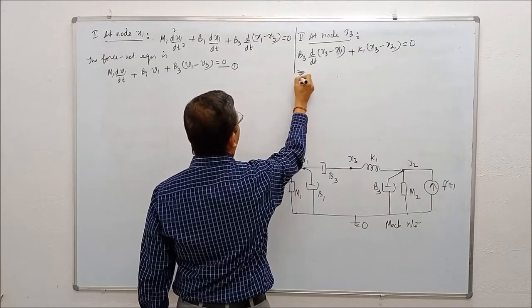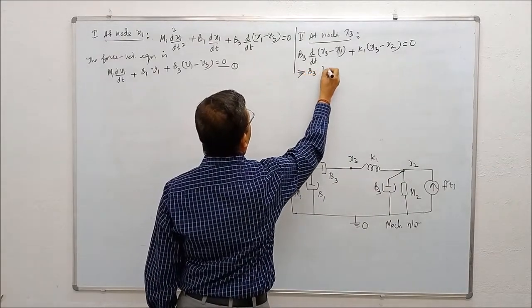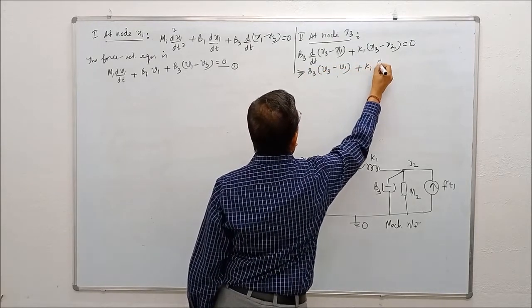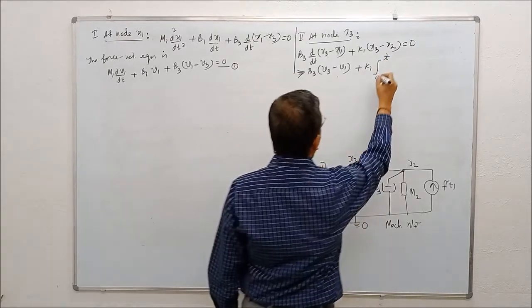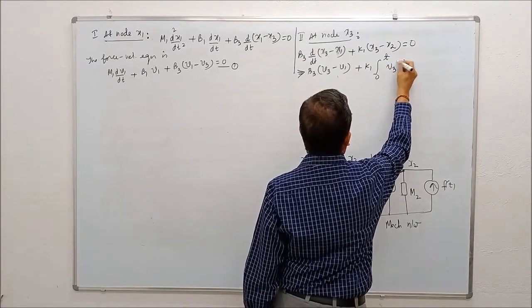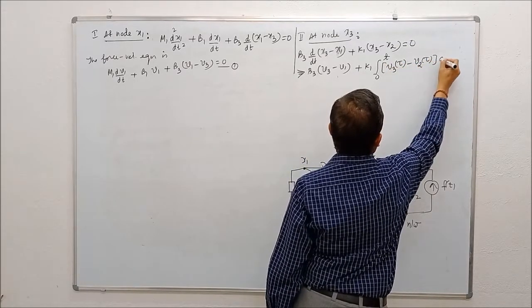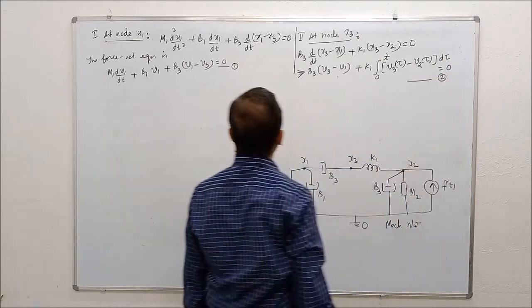The corresponding force velocity equation is B3 into v3 minus v1 plus K1 integral 0 to t, v3 of tau minus v2 of tau d tau equal to 0. This is equation 2.